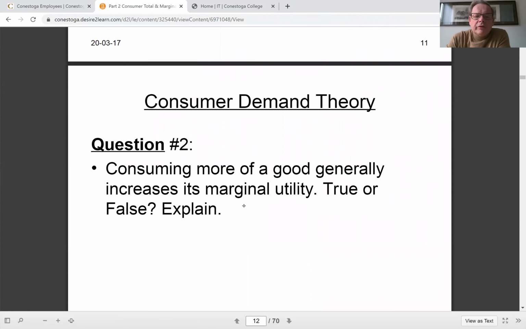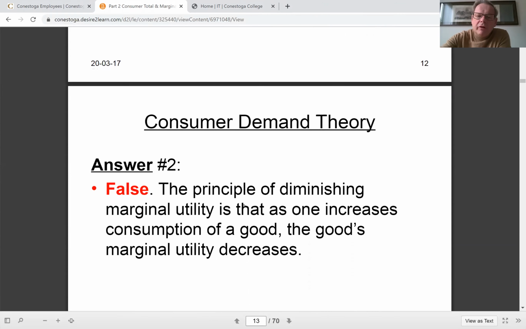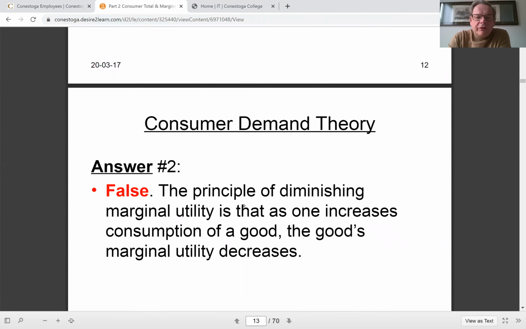Question number 2: consuming more of a good generally increases its marginal utility. True or false? Give an explanation. Always remember in economics, you must give an explanation for some sort of an answer. The answer here is false, and it's false because of the principle of diminishing marginal utility, which is that as one increases consumption of the good, marginal utility decreases.